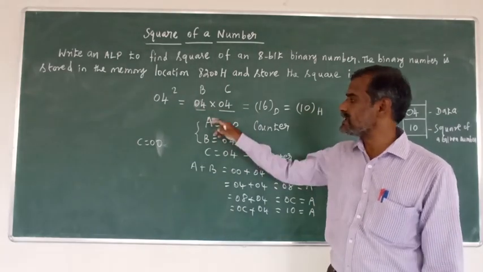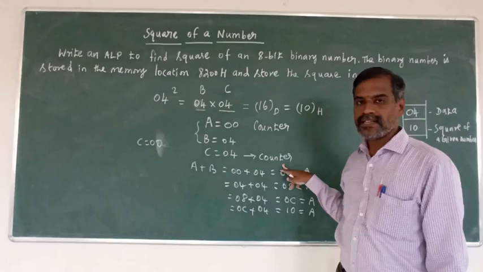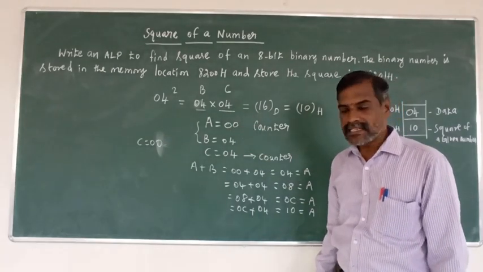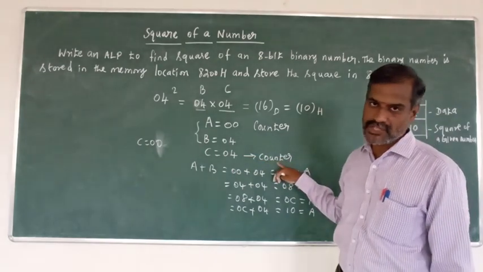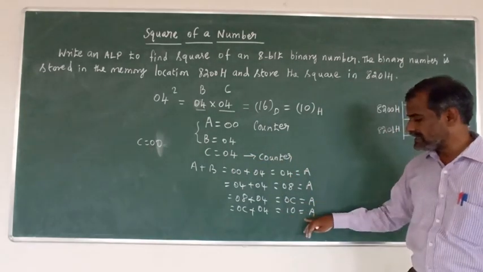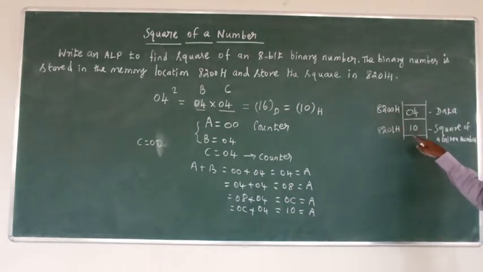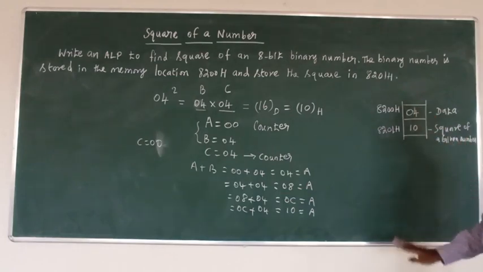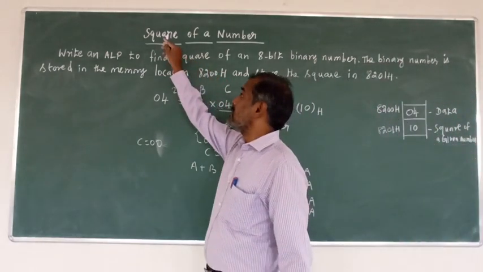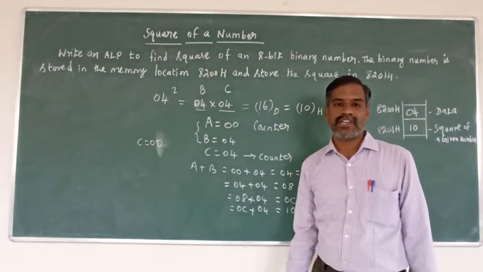For that, fix any one register's data as the counter, and add the next register's data with the accumulator till the counter value is 0. When the counter value is 0, the final result is available in the accumulator. Now store the accumulator result at the 8201 address location. This is the concept of finding the square of a given number.